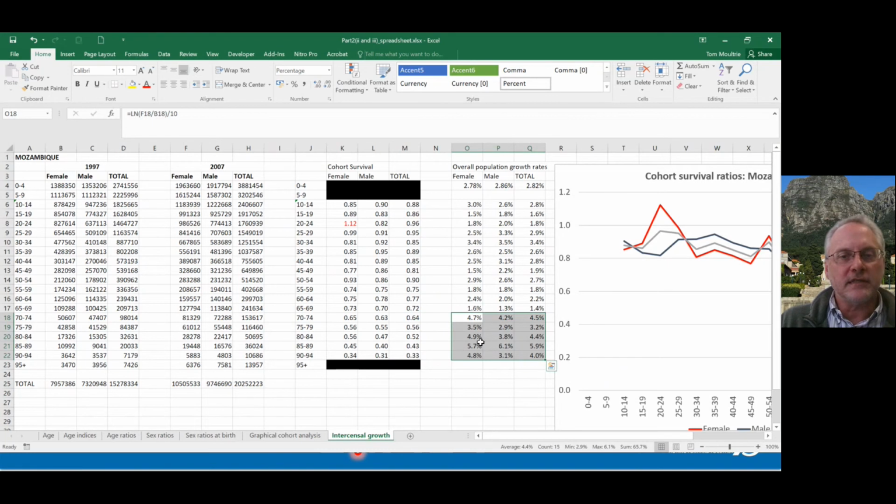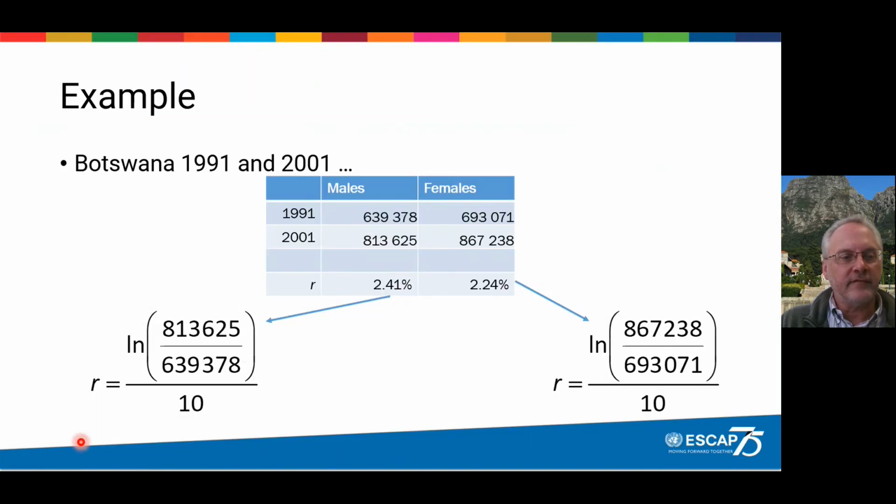And the question you need to ask yourself is whether this might well be an indication of rapidly improving mortality between the two censuses, or alternatively, if there's no external evidence to indicate rapidly improving mortality, that the quality of one or the other censuses might have been deficient, either in terms of undercounting elderly people in 1997 or overcounting those aged at older ages in the 2007 census.